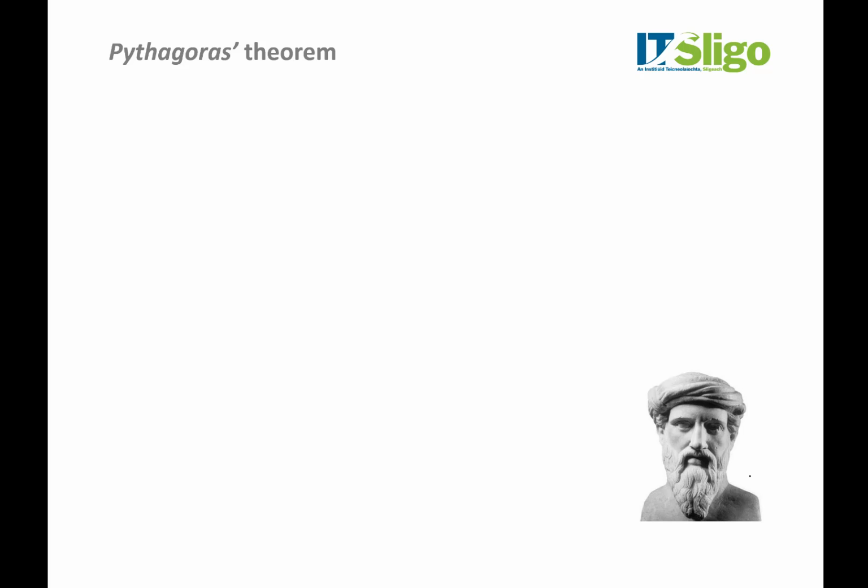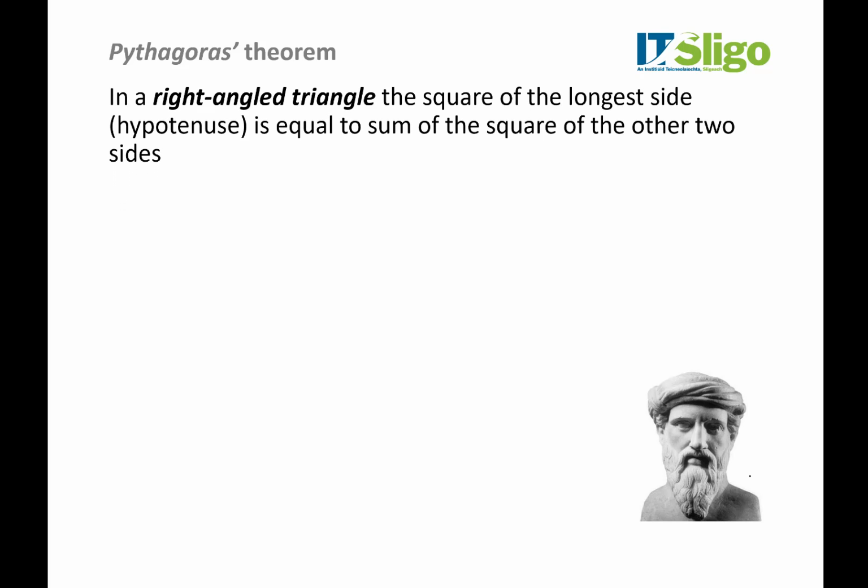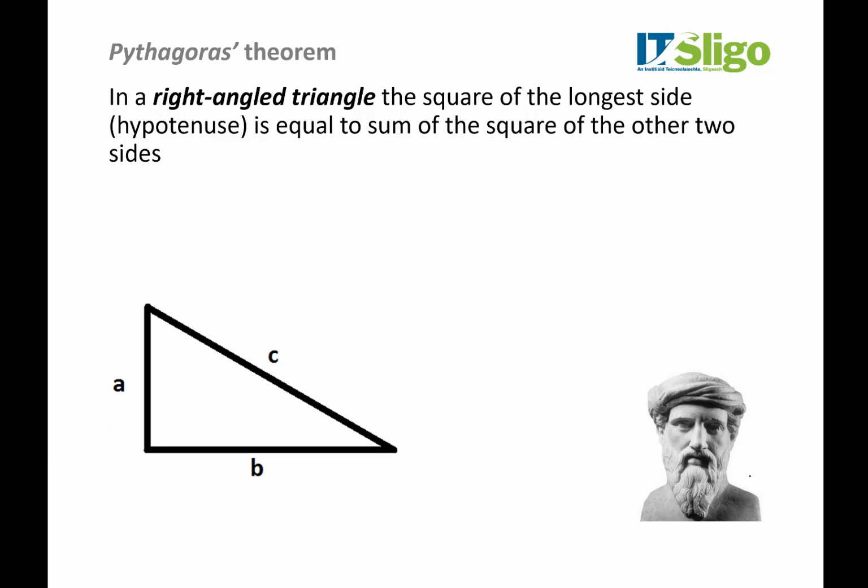Now we take a look at Pythagoras in a right angle triangle. The square of the longest side is equal to the sum of the squares of the other two sides. So you might remember that from school. The main thing is to identify the longest side. The other thing, Pythagoras only works for a right angle triangle.